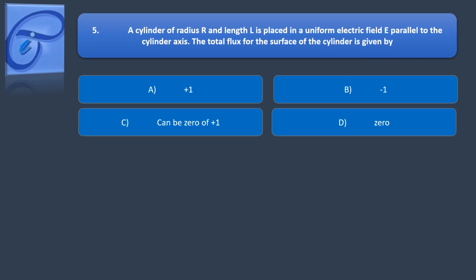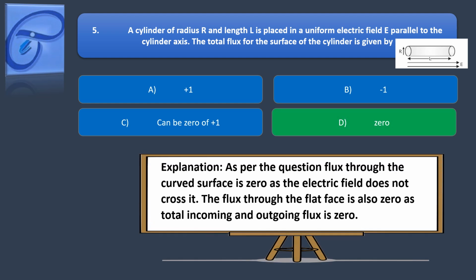Question number 5. A cylinder of radius r and length L is placed in a uniform electric field E parallel to the cylinder axis. The total flux for the surface of the cylinder is given by... The right option is option D, 0.